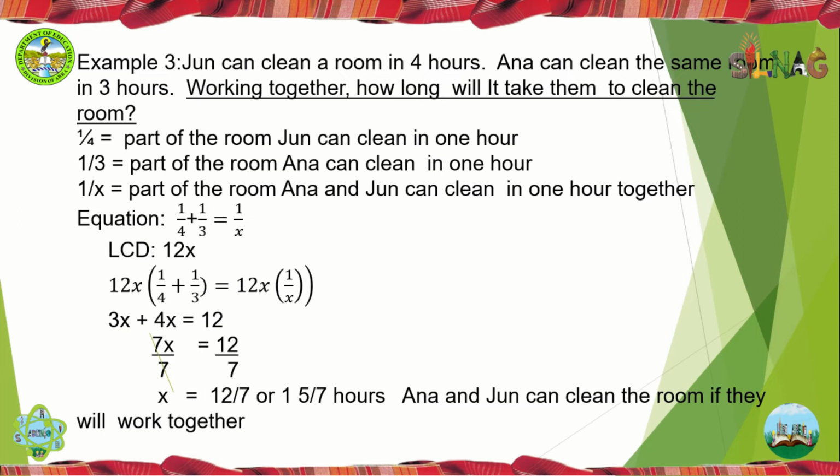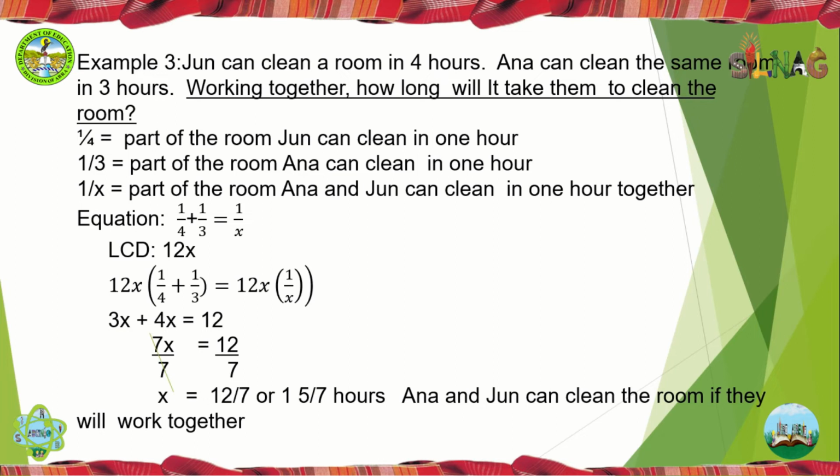Working together, how long will it take them to clean the room? So we have the part of the room June can clean in 1 hour plus the part of the room Anna can clean in 1 hour is equal to the part of the room Anna and June can clean in 1 hour together.